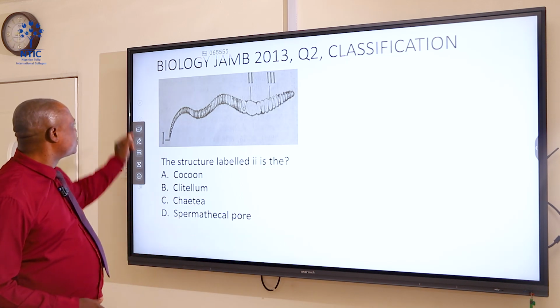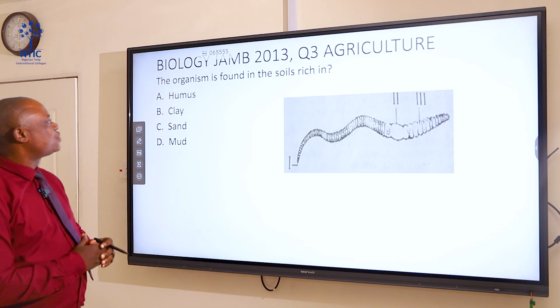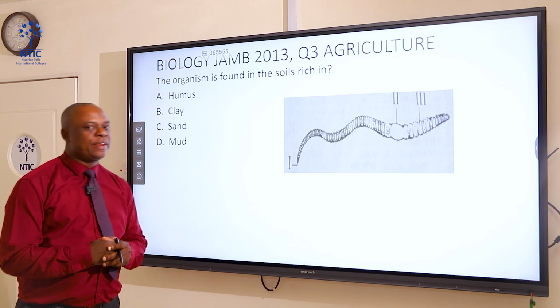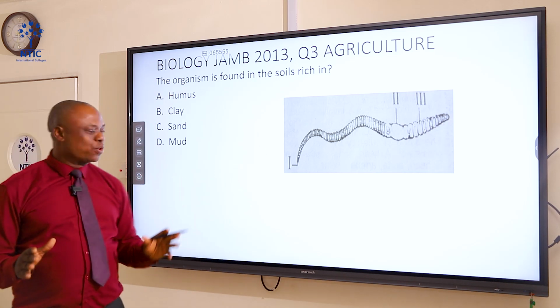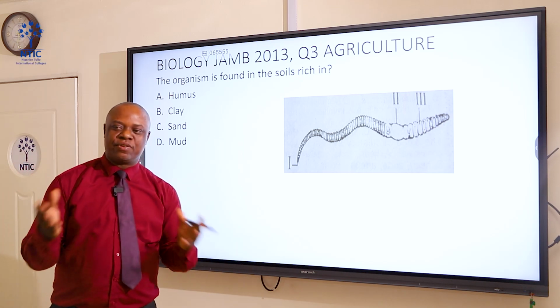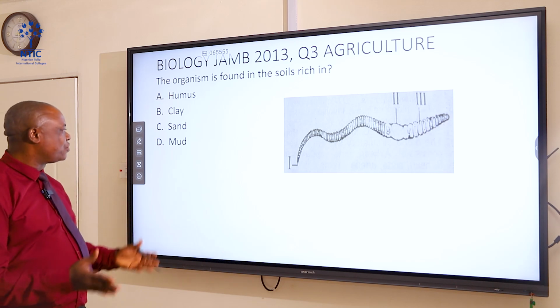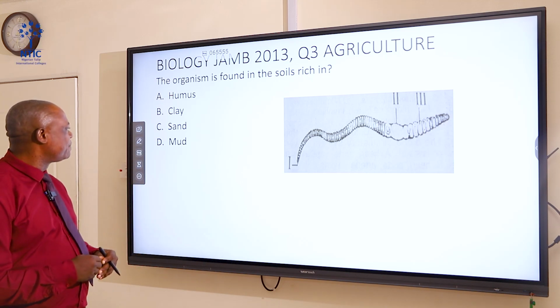Now we go to the next question. The organism is found in soil rich in, usually this is an earthworm. You cannot see an earthworm on a dry surface, dry ground, or in a dry soil. You cannot see them in a sandy soil.